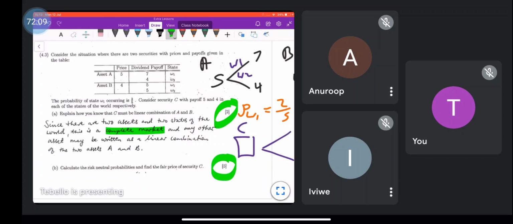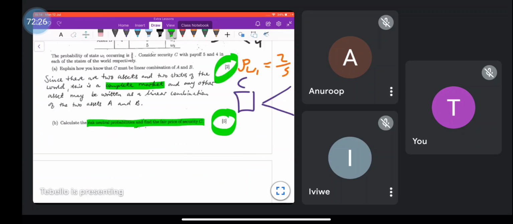This question says calculate the risk neutral probability. This is what she asked earlier on. I think this one is simpler to find because you only have 2 assets. Before we can find risk neutral probabilities, we need to find the state pricing. We know that price equals the sum of the state payout times the state pricing.